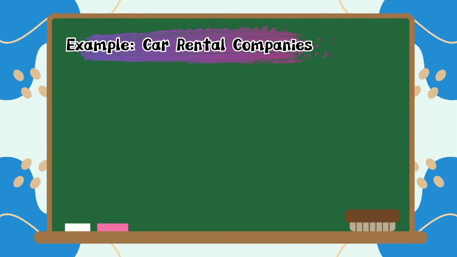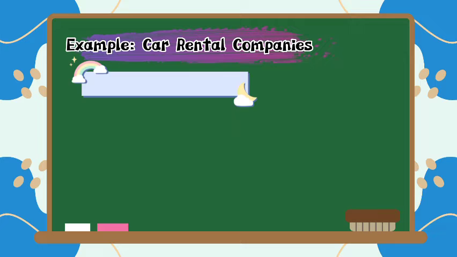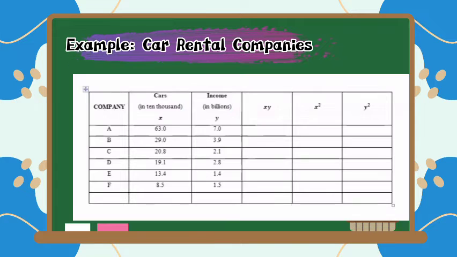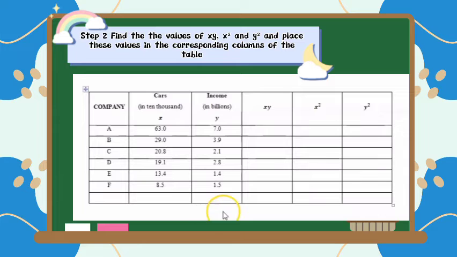Example, car rental companies. Step 1: make a table as shown here. After we make this table, we are going to find the summation of the following: the summation of x and the summation of y.